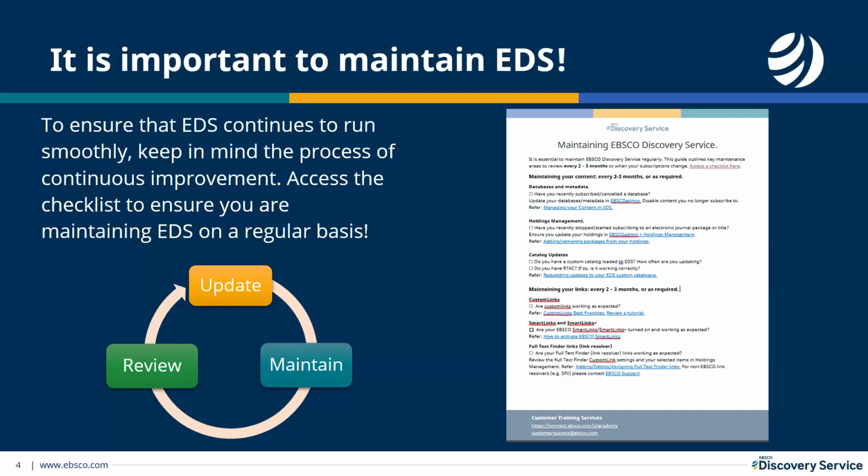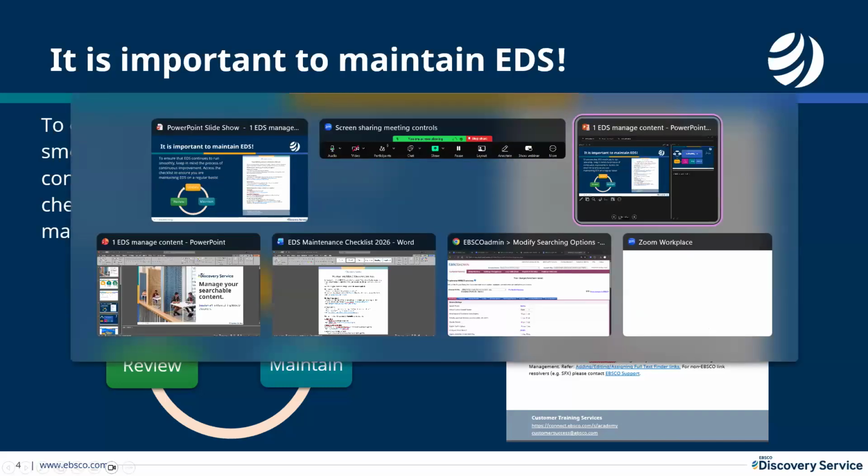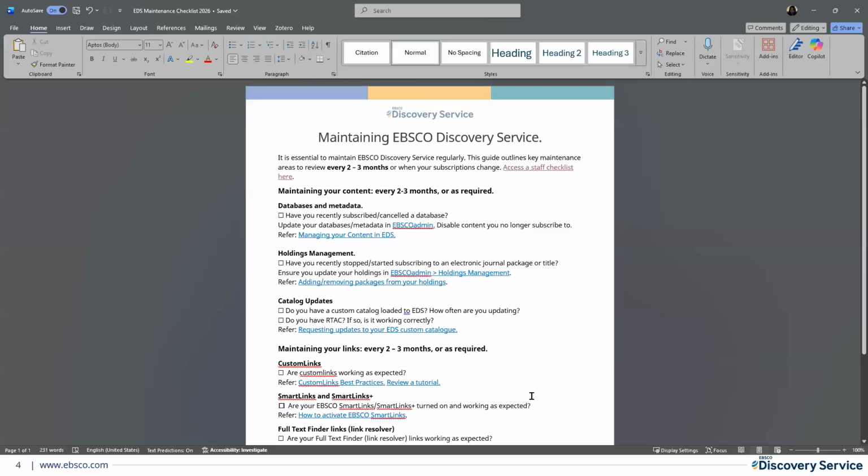Now, I have created a checklist, which I will send out to you after the session. I'm just going to take a quick segue to show you this. This will talk about how often you should make these changes, or when you should review or make updates. As a general cadence, every 2 to 3 months, you could always check to see, has anything been updated? Have we had any changes to our subscription?